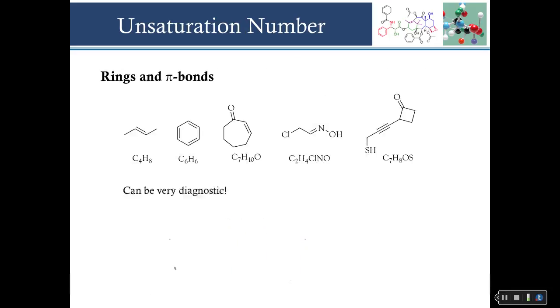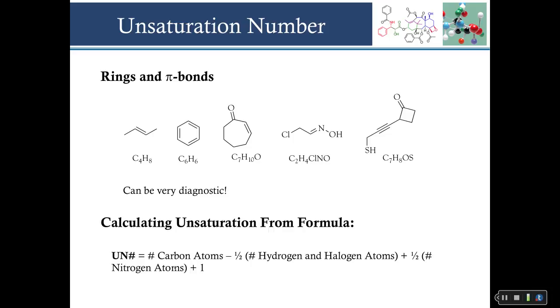Oh yeah, and last thing for the day, calculating degrees of unsaturation. Very diagnostic, very helpful, gives you an idea of how to come up with these things. To calculate the unsaturation from a formula, it's the number of carbon atoms minus half of the number of hydrogen and halogen atoms.